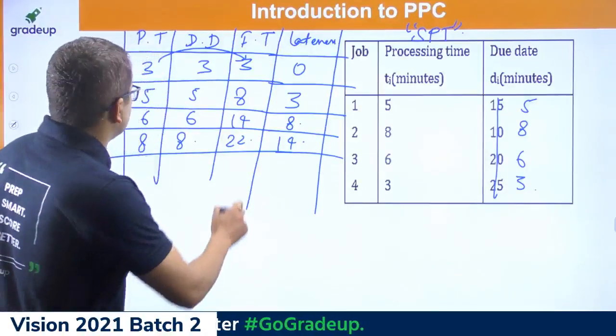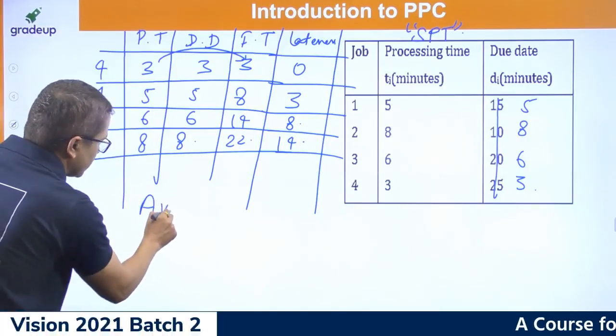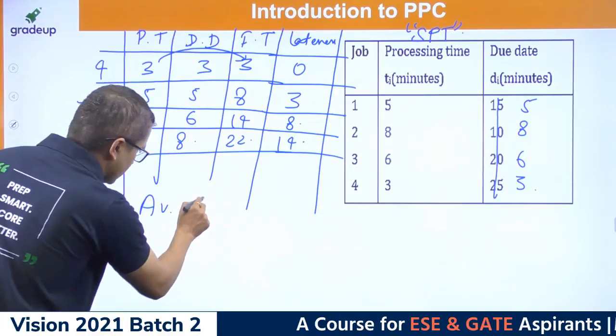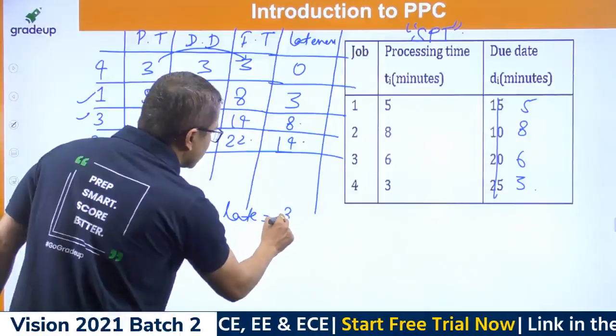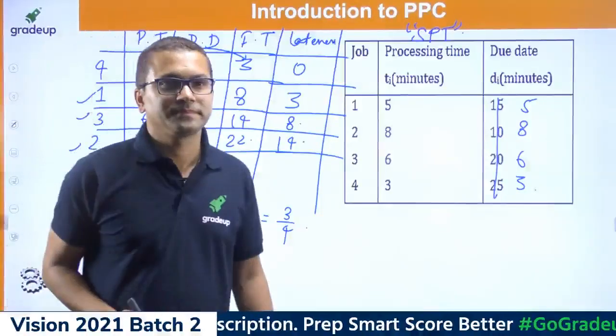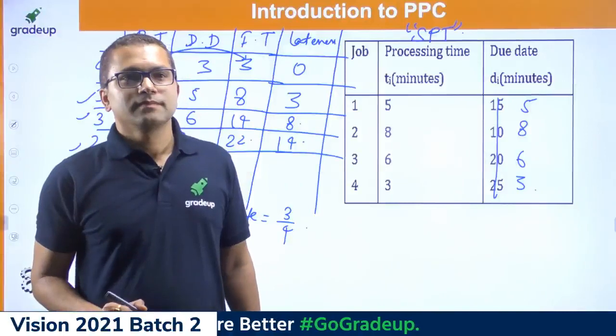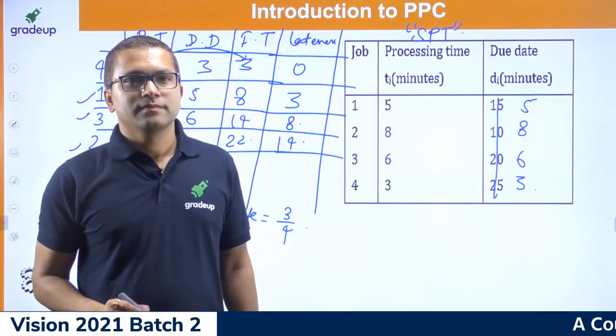Yeah, so these 3 jobs are late. So the average number of jobs that are late equals 3 upon 4. Is it good?